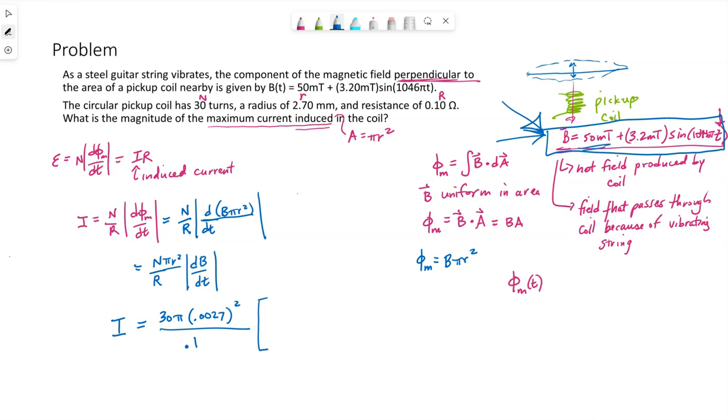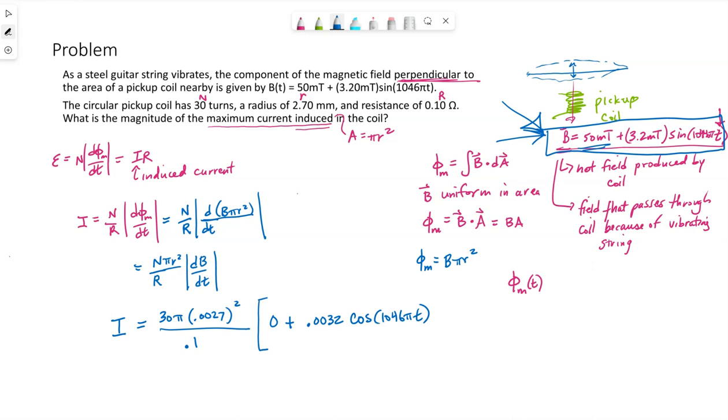So this first term, the 50 milliteslas, when I take the derivative, that just goes to 0, because that is a constant. The derivative of the second term, the 3.2 milliteslas, I'm going to go ahead and put that in terms of teslas first. Derivative of sine is cosine, so I'll have cosine of all this stuff.